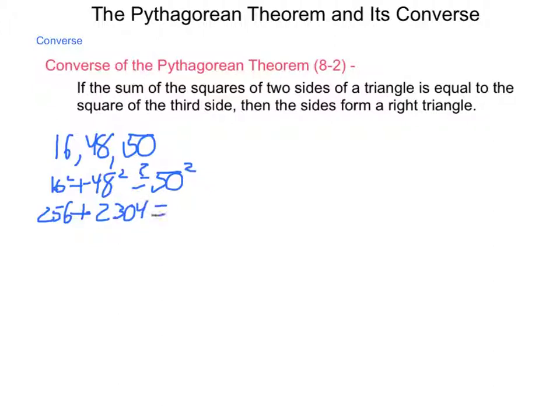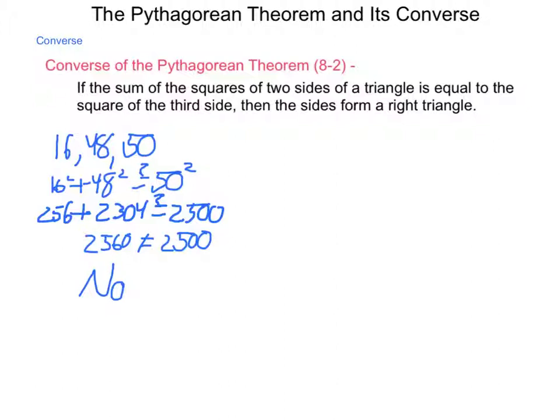And we want to know, is that equal to 50 squared, which is 2,500. Now adding these pieces together, we have 2,560, and that is not equal to 2,500, so no, these sides will not form a right triangle.